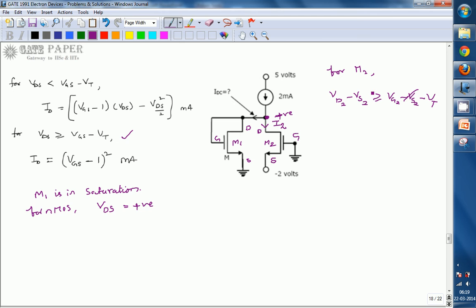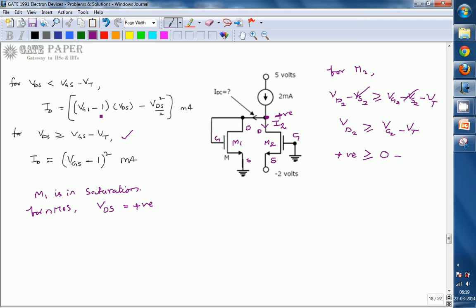VS2 gets cancelled. What you get is VD2 should be greater than or equal to VG2 minus VT. VD2 is a positive voltage, as we have just seen, and it should be greater than or equal to VG2, the gate of M2 transistor, which is at ground, so it is 0, minus the threshold voltage of NMOS, which is positive, and the value of threshold voltage is 1.